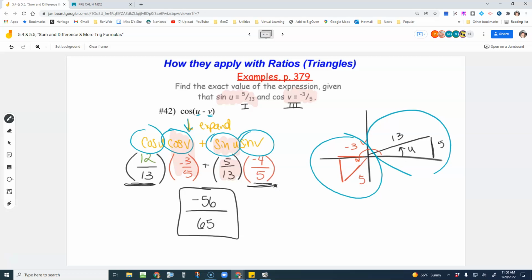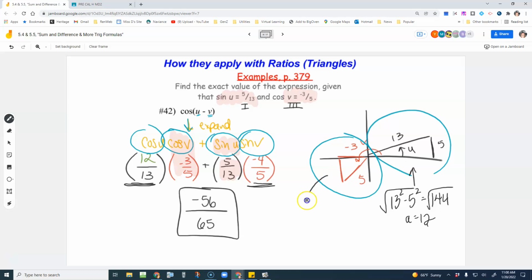Okay, u is this guy, because u is that guy. I have 5, I have 13, do a Pythagorean theorem of 13 squared minus 5 squared, and I'm going to end up with 144, and I say, yay, I need you, you're 12. With that 12 adjacent over hypotenuse of 13, I can fill in my unknown.